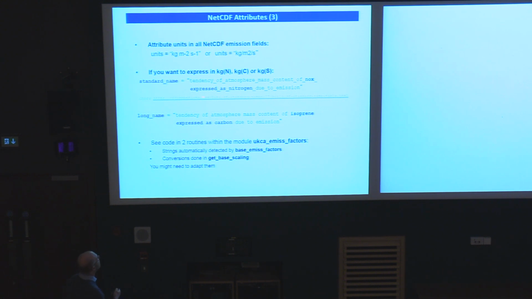So this is what the model code looks for in these attributes. If it says in there expressed as nitrogen or expressed as carbon, then a correction factor for the molecular weight of the species will be applied. This is, however, not possible for absolutely any emitted species, so you need to check in these routines whether, for the emissions for which you want to use this, it has been implemented yet. Otherwise, you need to add to the code.